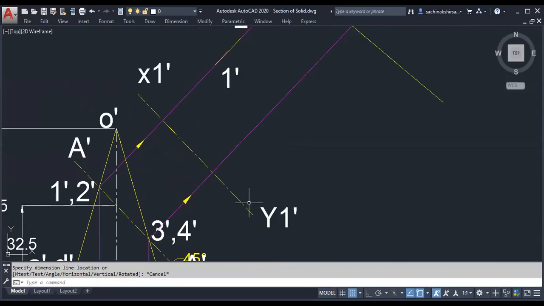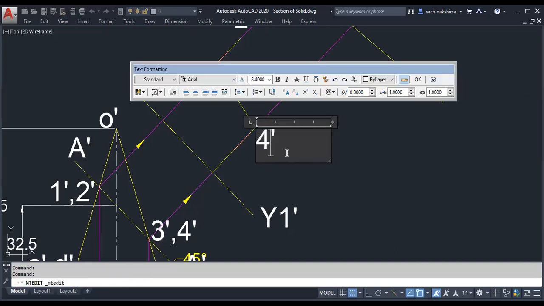So I will mark here from this point to this. Here I will join directly. So here there will be my point 4 dash. Yes, sir, 4 dash. So this will be my 4 dash.